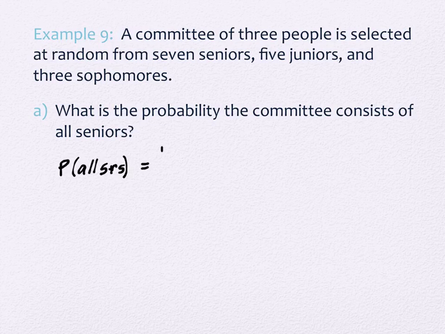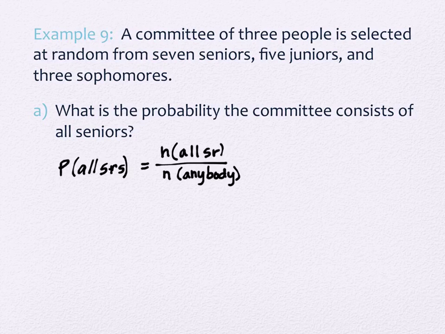So this should be the number of ways of getting all seniors compared to what? The number of ways of getting anybody. Okay. Well, what's the number of ways of getting all seniors? What's the number of ways of getting anybody?